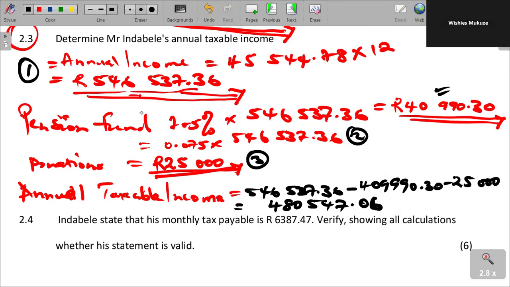Annual taxable income is the total income minus these deductions. So we get 480,547 as the total taxable income.